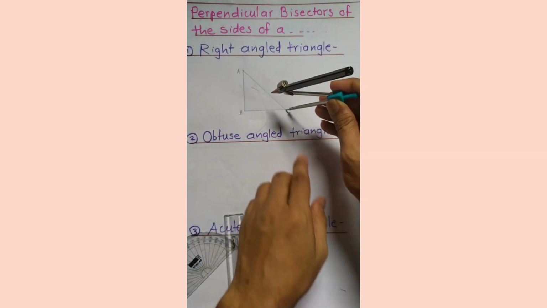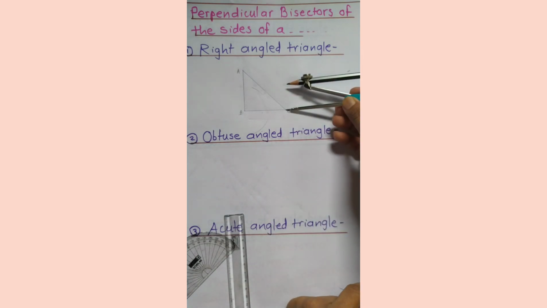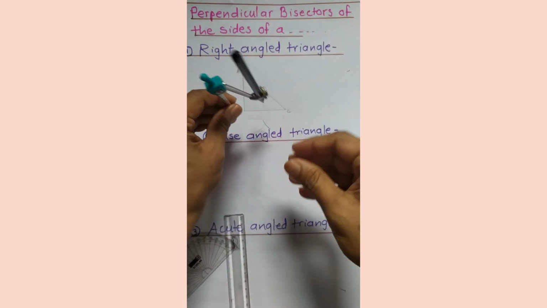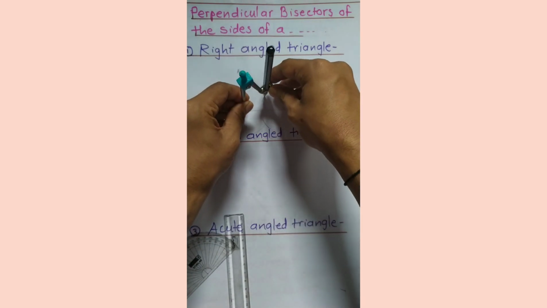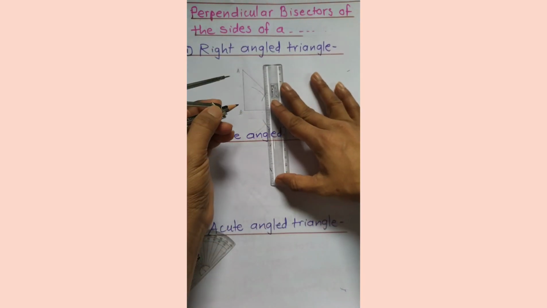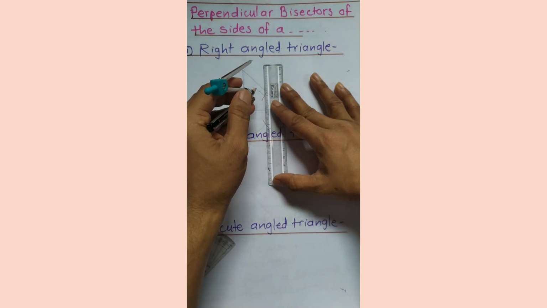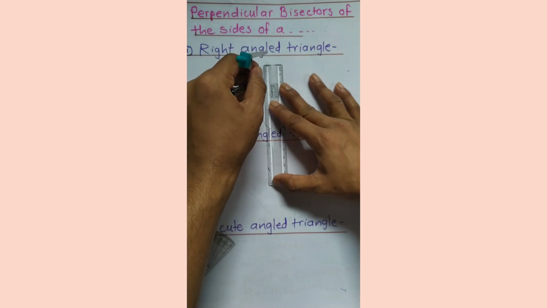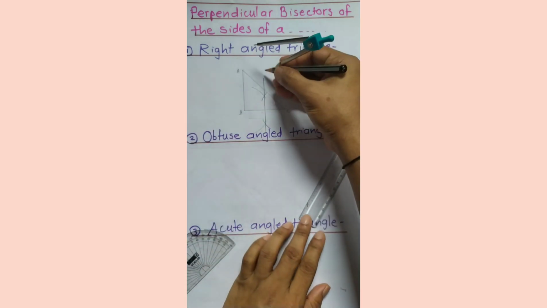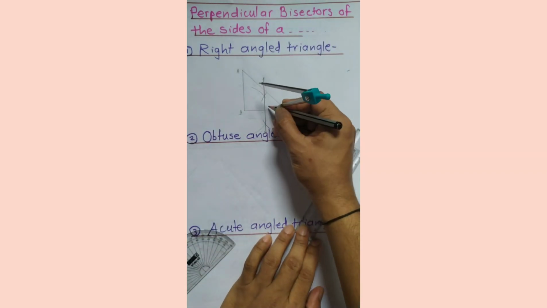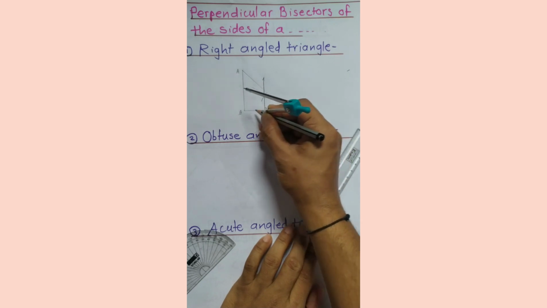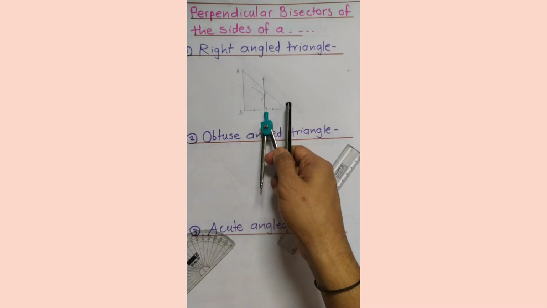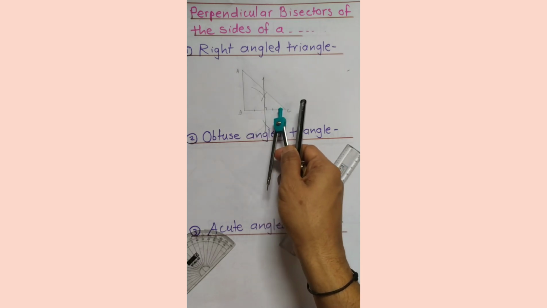Put the same distance and put the pointed part on the point C. Here is one arc, here is one arc, and draw one line which is passing through these two points. This is a perpendicular bisector, so we draw this sign because these two parts are equal in length.